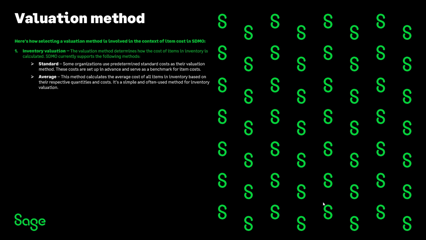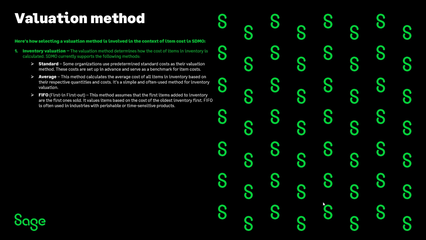It's a simple and often used method for inventory valuation. FIFO, or first in, first out cost. This method assumes that the first items added to inventory are the first ones sold. It values items based on the cost of the oldest inventory first. FIFO is often used in industries with perishable or time-sensitive products.